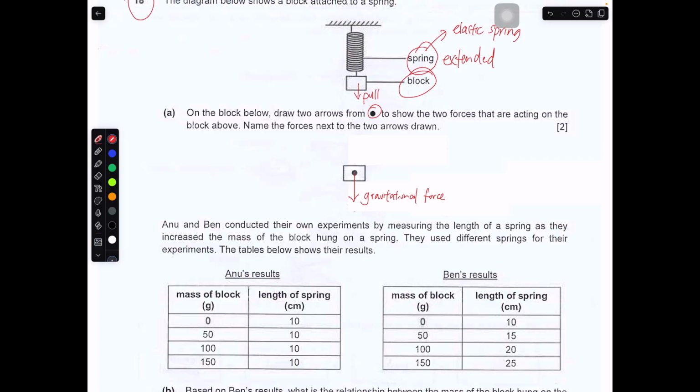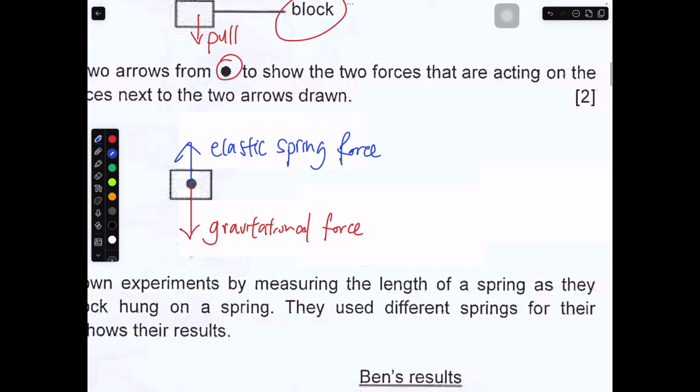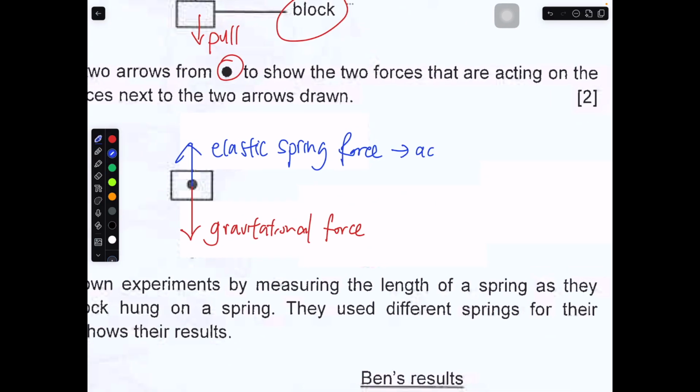The elastic spring force is pulling up, because the elastic spring force itself, let me write this down, is a force acting on the object by the spring.